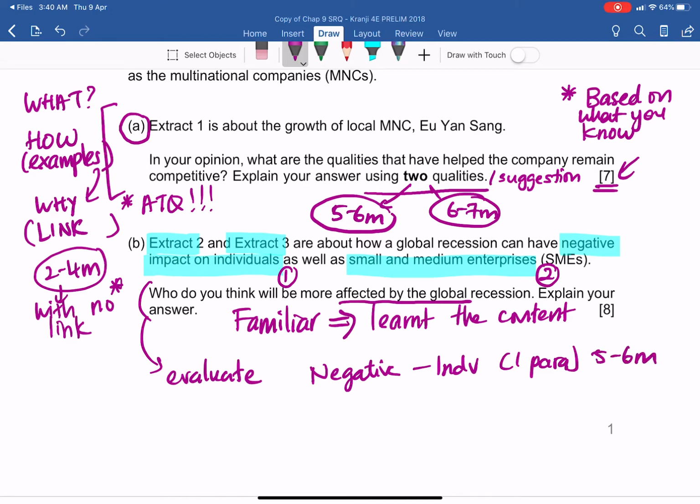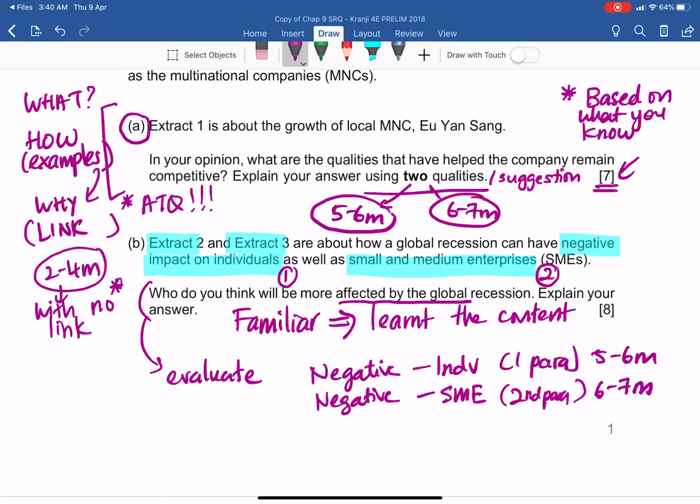If you tell me the negative aspect towards SMEs, it is the second paragraph, right? You already get 6 to 7 marks.